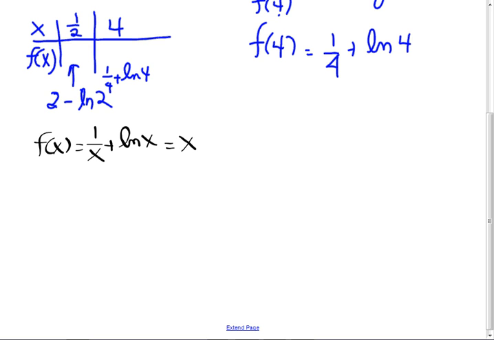Well, this is x to the negative 1 plus the log of x. What's the derivative look like? This is just the power rule. Negative 1 times x to the what? Plus the derivative of the log, which is 1 over x.